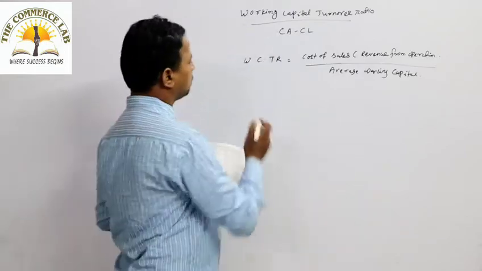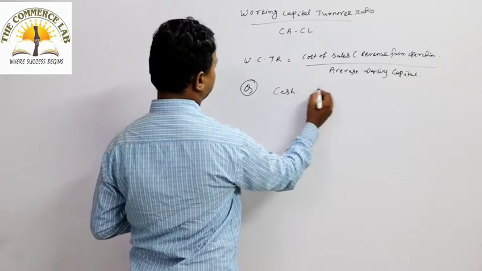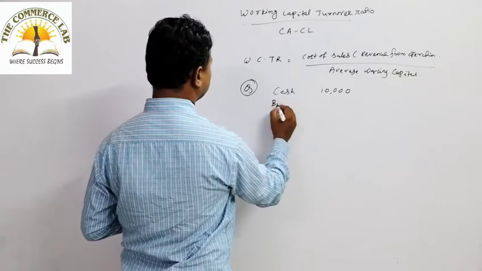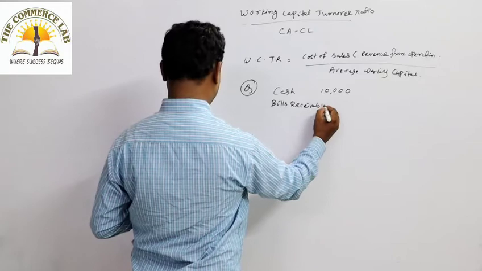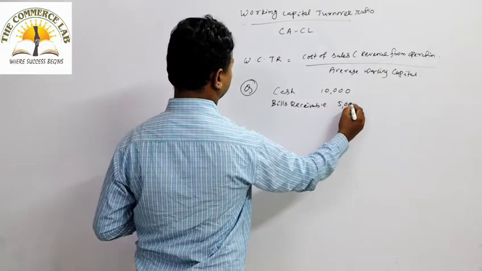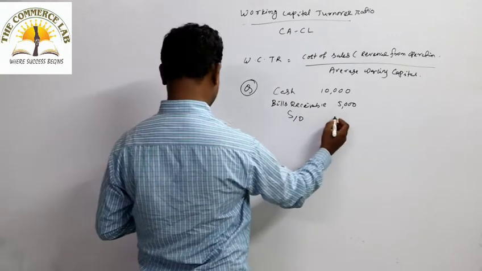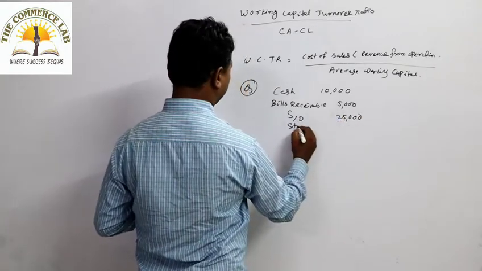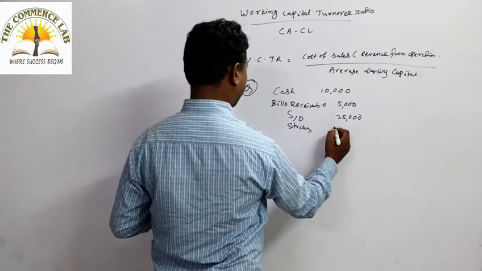Okay, so let's go for a question. What is the question given? Cash given is 10,000. Then bills receivable is around 5,000, all in rupees. Then sundry debtors given is 25,000. Then stock given is 20,000.